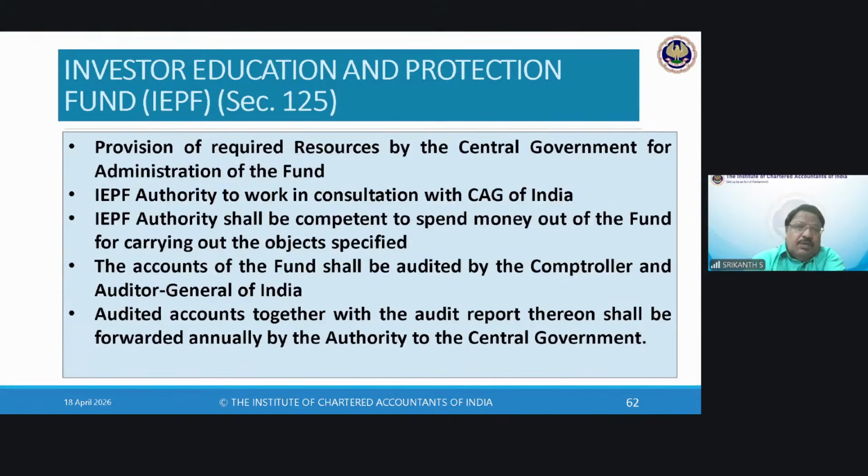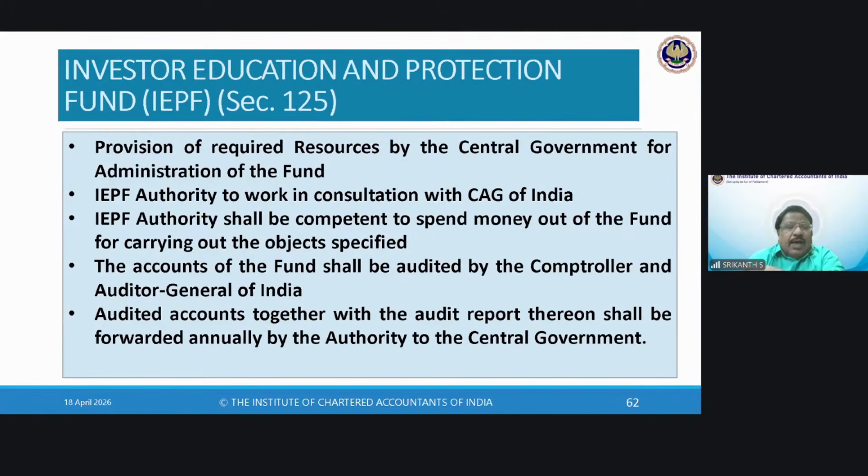The purpose of the authority is to provide required resources from the central government, and the IEPF authority will work in consultation with the CAG, the Comptroller and Auditor General of India. The CAG is the auditor for public money. So the minute it goes to IEPF, only the CAG will audit. Therefore, whatever decision is taken, they have to keep the CAG also informed.